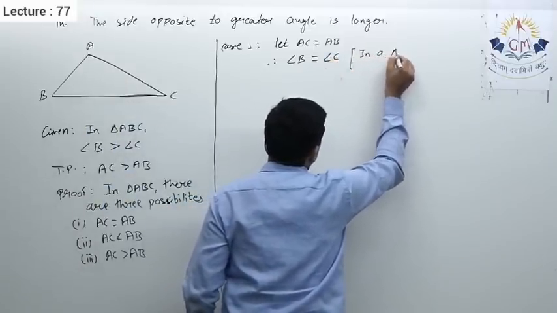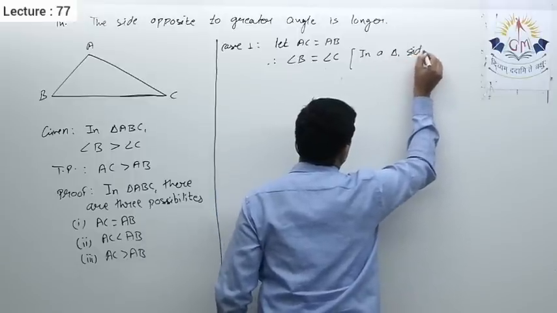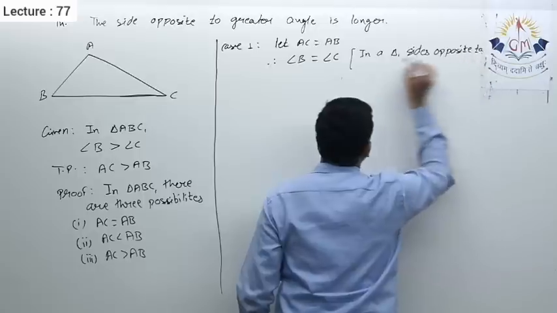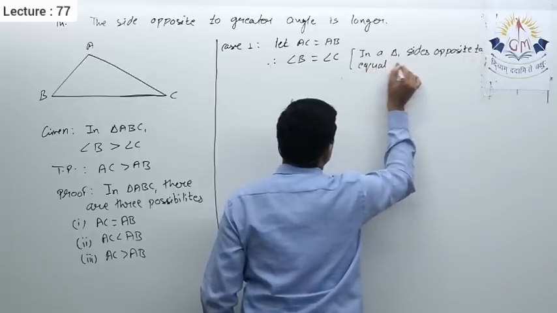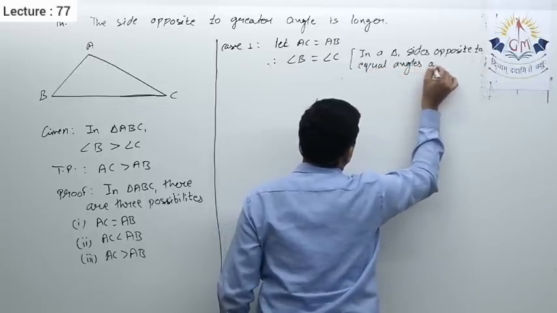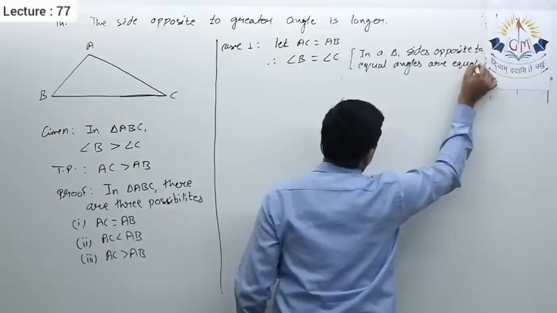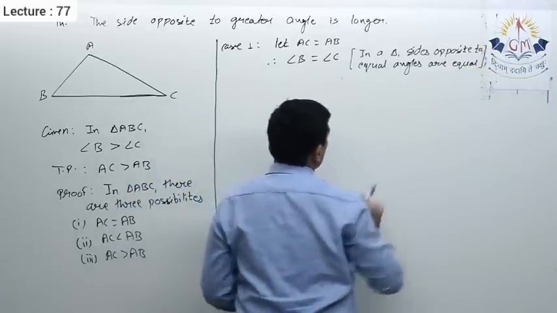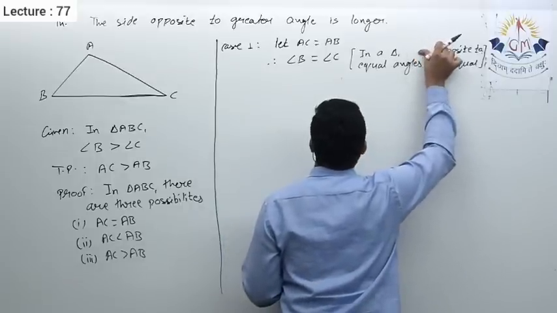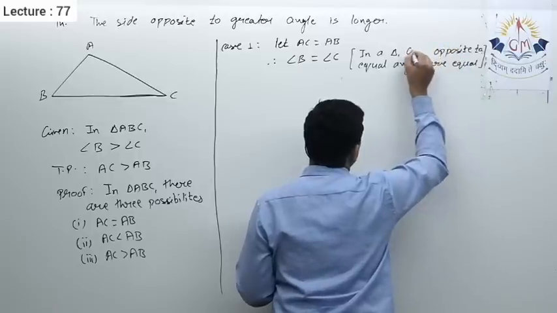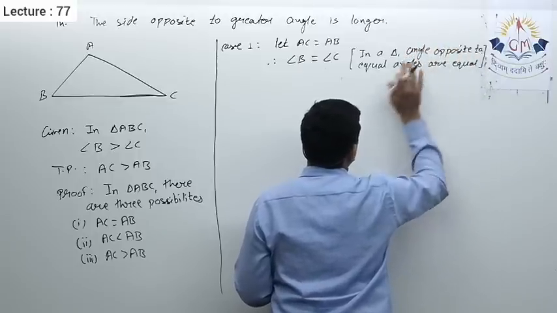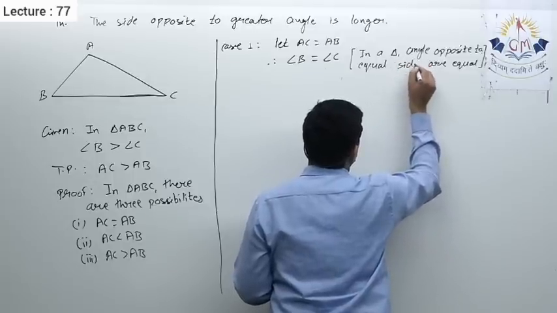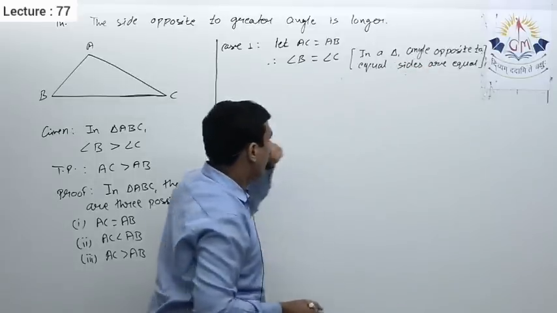In a triangle, angles opposite to equal sides are equal, and we should apply this here.